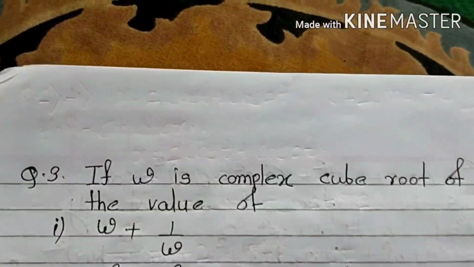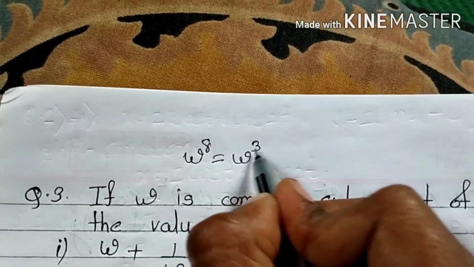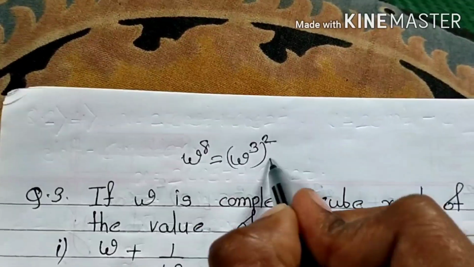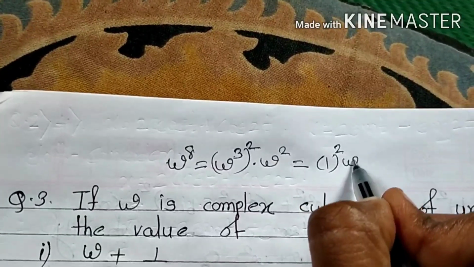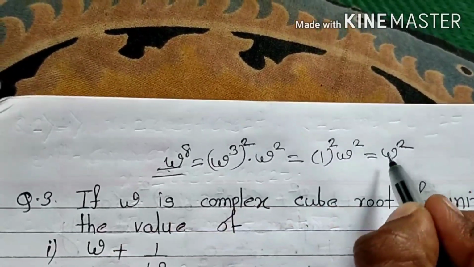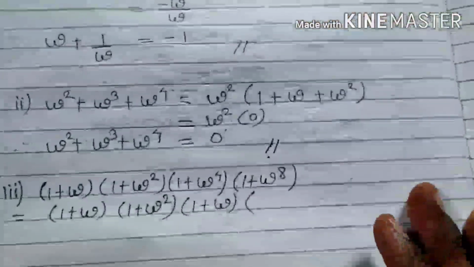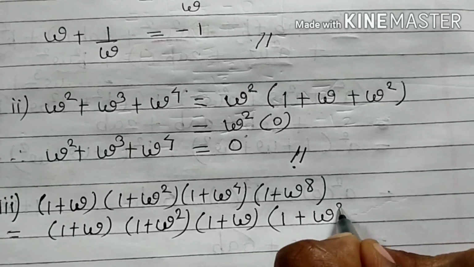So we know that omega raised to 8 is split like that, (omega cube) square, which is 6, into omega square, but omega cube is 1, square into omega square, so it is omega square, meaning the value of omega raised to 8 is omega square. So you can put this value, which is omega square.